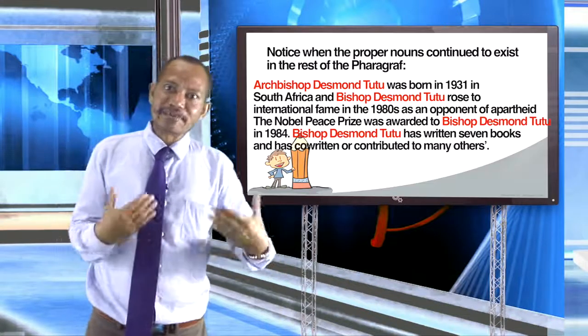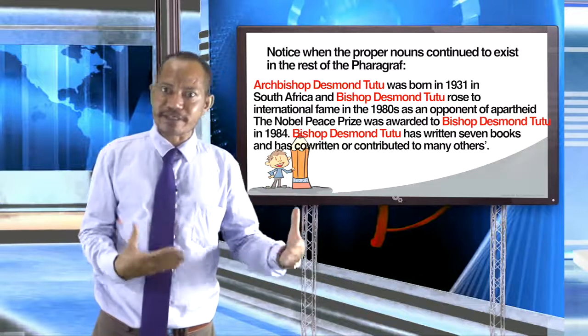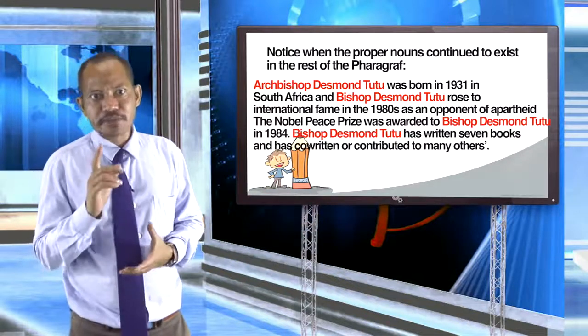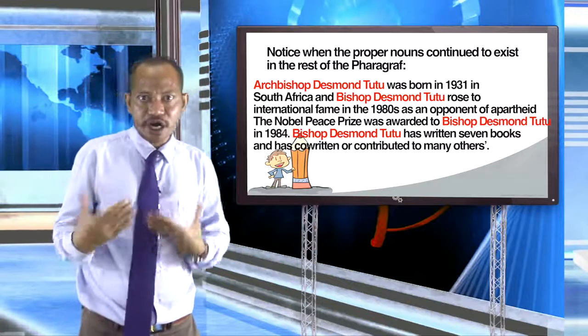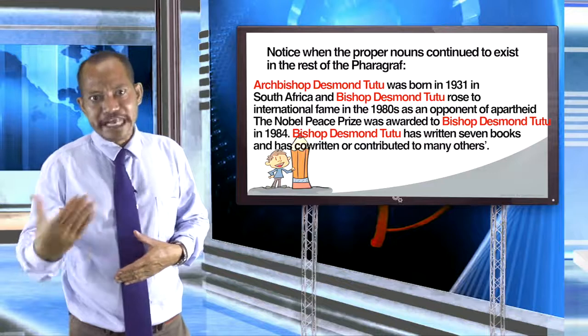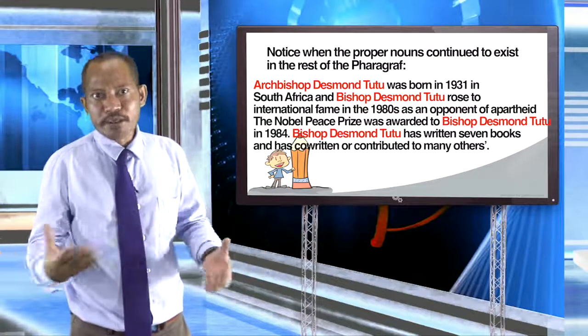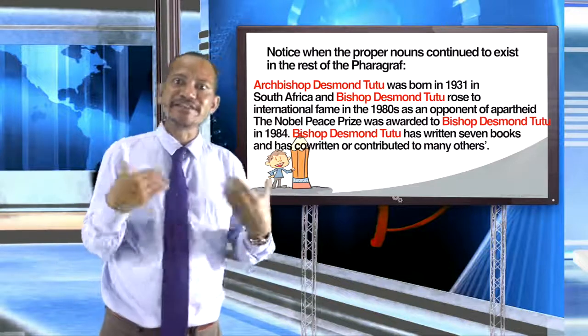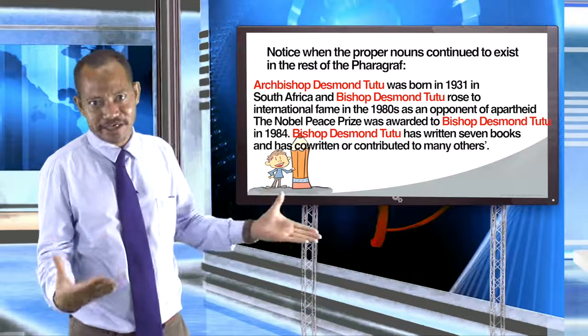But as the paragraph goes on with the same proper noun or name, the personal pronoun as subject or object takes the position of the proper noun or name, as in the next sentence of the paragraph here.